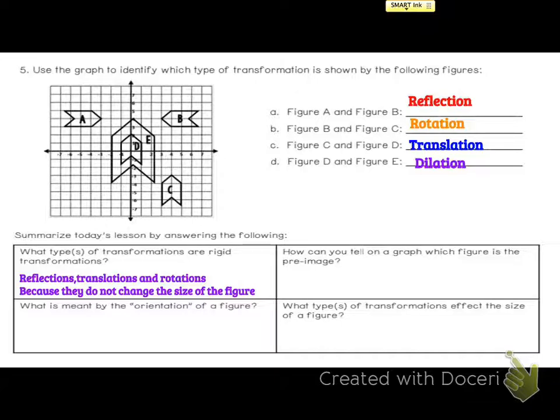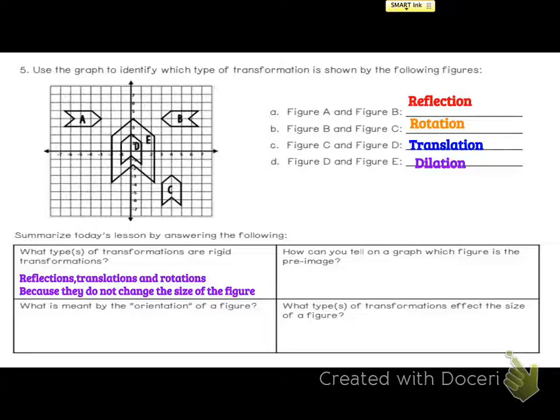So how can you tell on a graph? Write it down. How can you tell in a graph which figure is the pre-image?